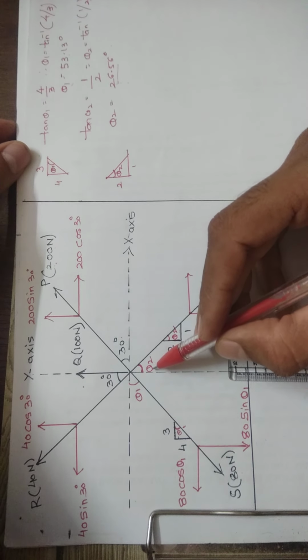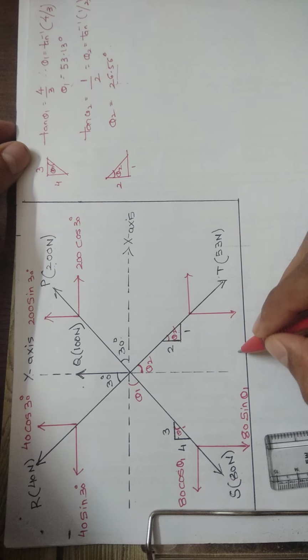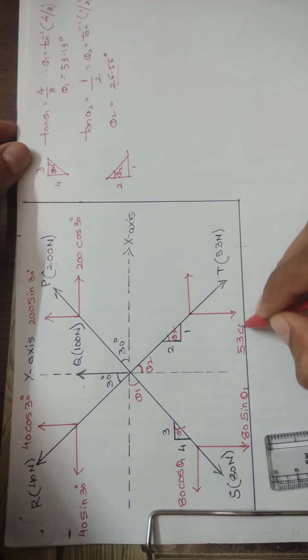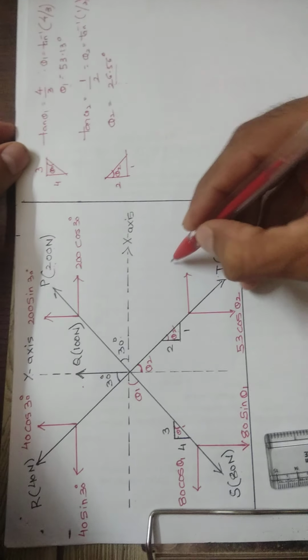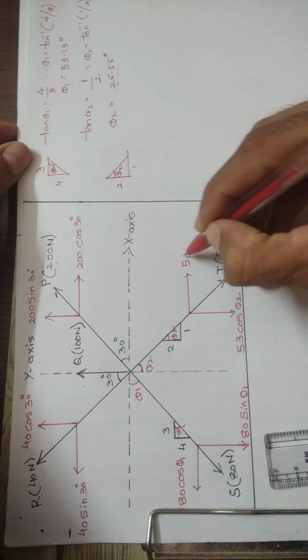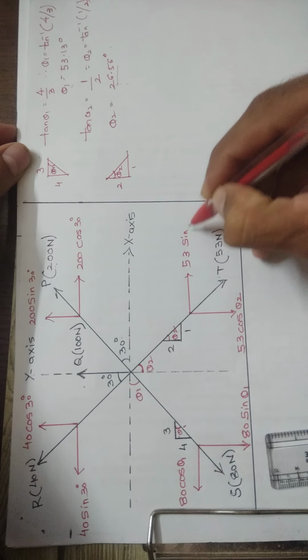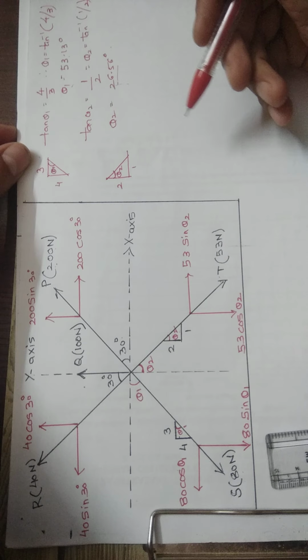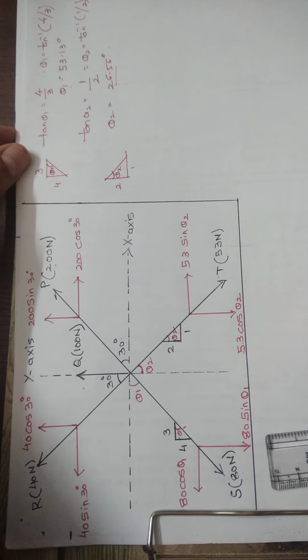As it is making an angle with the vertical, the vertical component will be cos theta: 53 cos of theta 2, and 53 sine of theta. Then one by one we will solve the problems and find out the values.